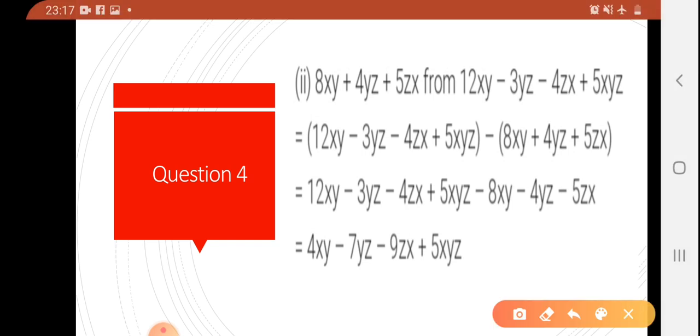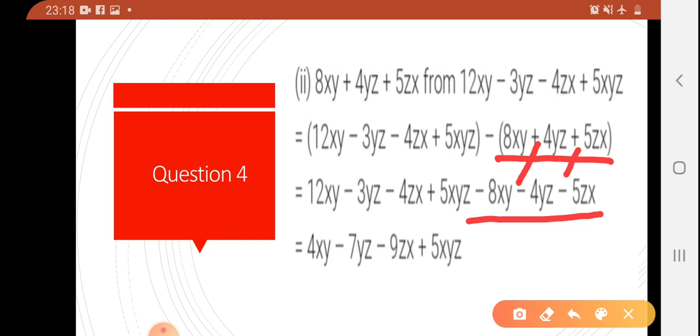Now what we will write? We write the second expression first, 12xy − 3yz − 4zx + 5xyz, minus (8xy + 4yz + 5zx). We have written this in bracket because when we open the bracket, all the signs of the second expression will change. Therefore, it has come −8xy − 4yz, plus has changed into minus.